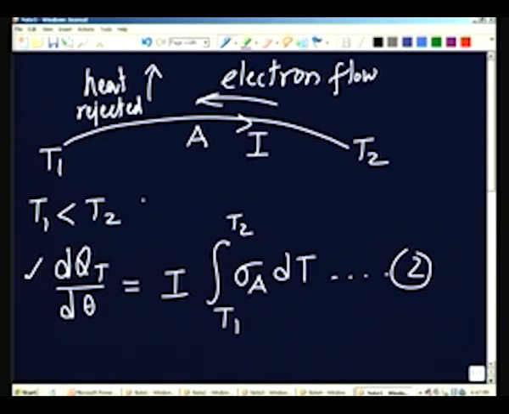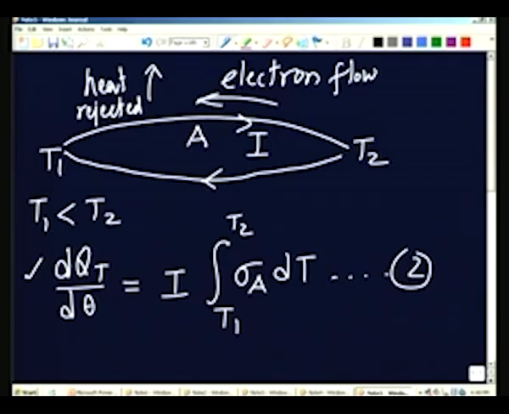Similarly, the amount of Thomson heat will be involved with the other leg of the circuit. Now, you notice that if the current is moving in this direction in A, and I complete the circuit, the current will be moving in this direction. That is, in one material it is moving from a low temperature to high temperature, and in the other part of the circuit, it will be exactly doing the opposite.